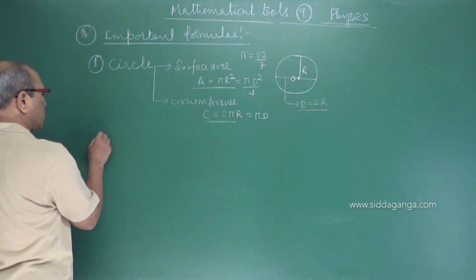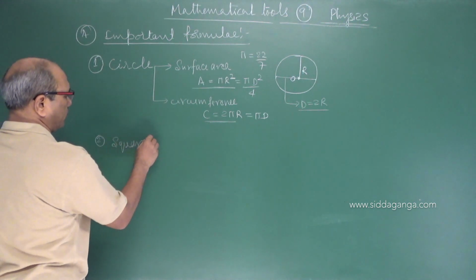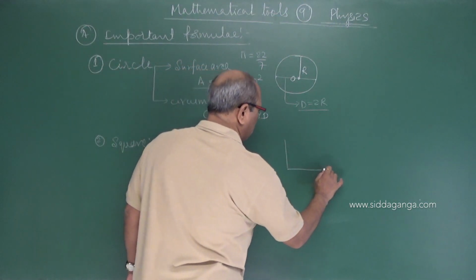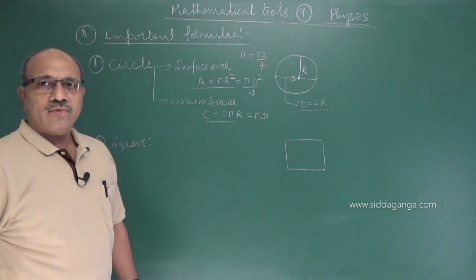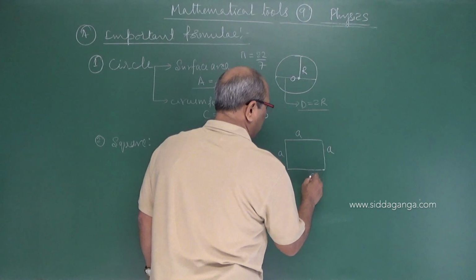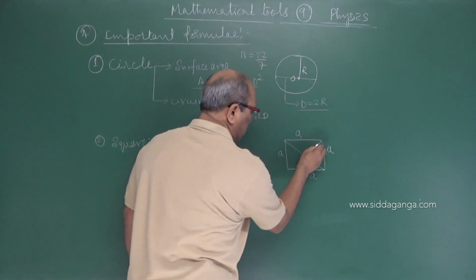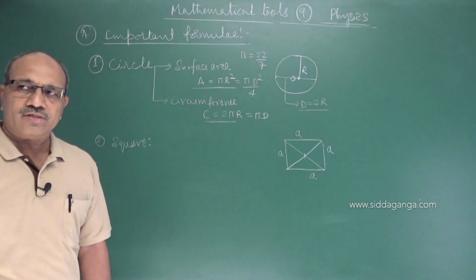Coming to the second one, the square shape. You know, with a square, immediately your mind starts working regarding the 4 sides bounding it. Each side is equal in magnitude and the diagonals are also equal in magnitude, intersecting at a common point.